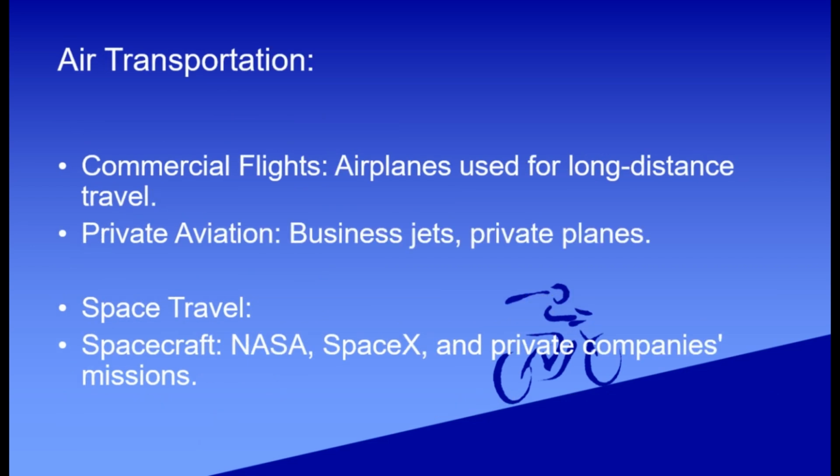Then we have the pipeline. Pipeline transport involves the transportation of liquid and gas, such as oil, natural gas, and water through pipes. In my country, some of these pipelines are underground, while some are on the earth's surface. It has its own advantages and disadvantages, which we're not going into in this presentation.